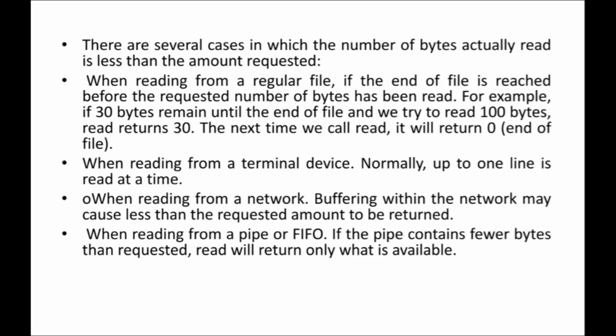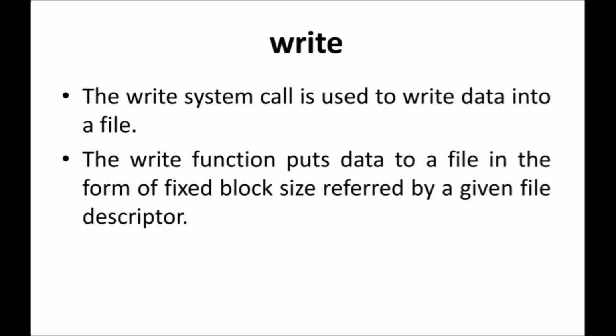Getting, guys? Next, the write API. The write system call is used to write data into the file. Read is used to read from the file. Write is used to write the contents of the data into a file. The write function puts data to a file in the form of fixed block size referred to by a given file descriptor. When reading the data also, I am reading the data in the form of fixed blocks.